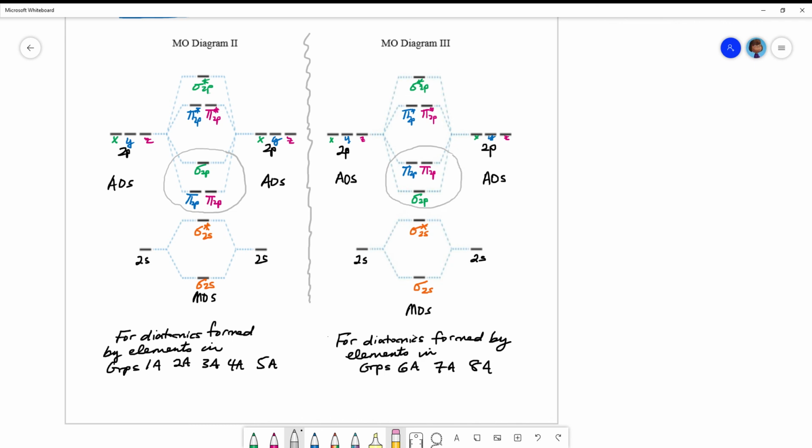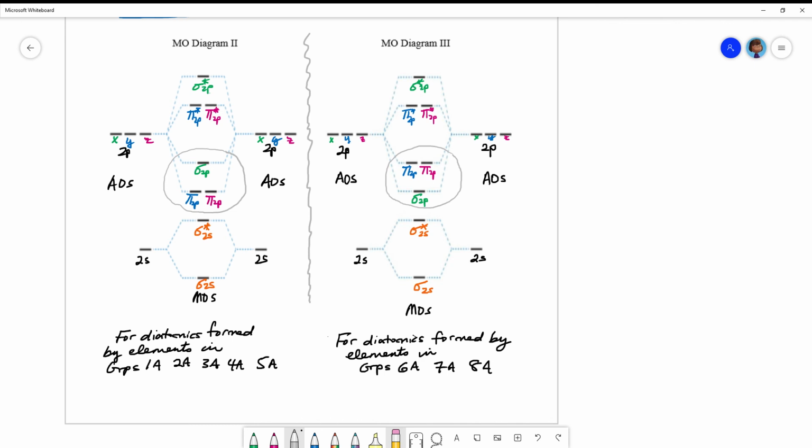The sigma molecular orbital is lower in potential energy than the two pi molecular orbitals. So you have to just remember that they're almost identical except for the switch in the ordering of these key molecular orbitals.